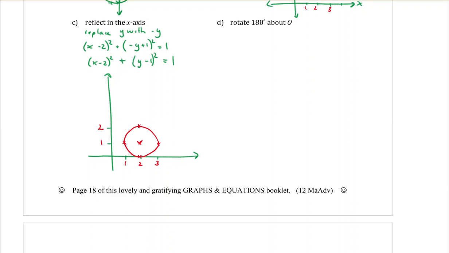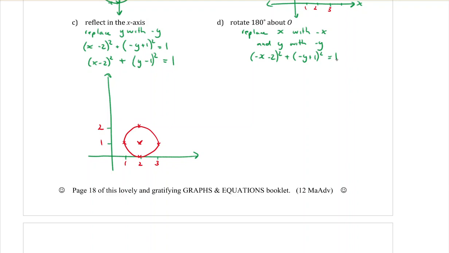And part D, we want to rotate 180 degrees about the origin, which is when we replace the x with -x and the y with -y. Okay, so let's write that out. That will be (-x minus 2) in brackets squared plus (-y plus 1) in brackets squared equals 1.